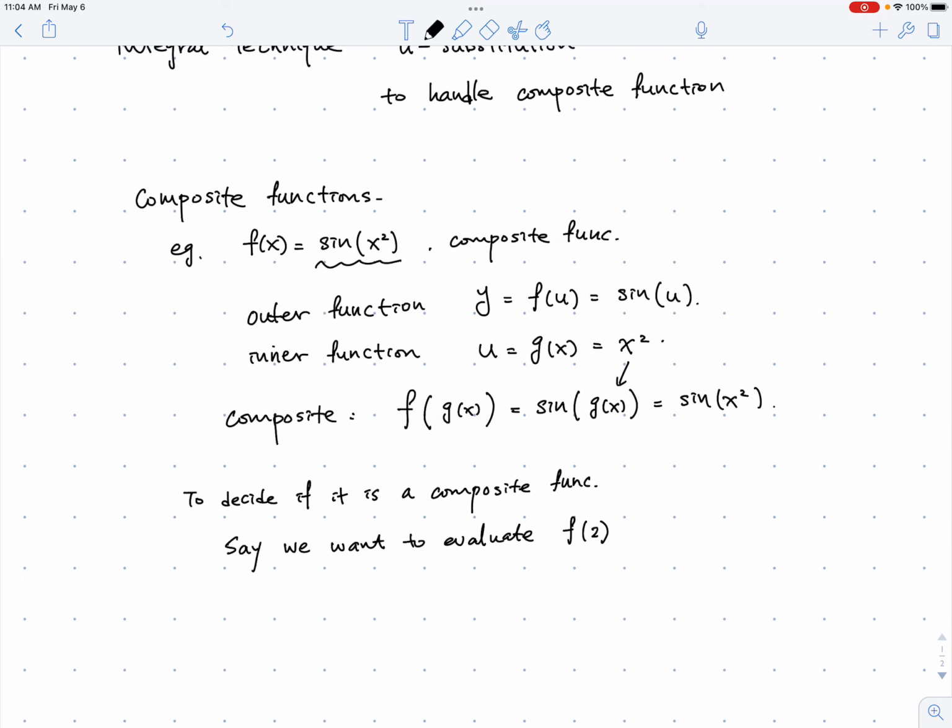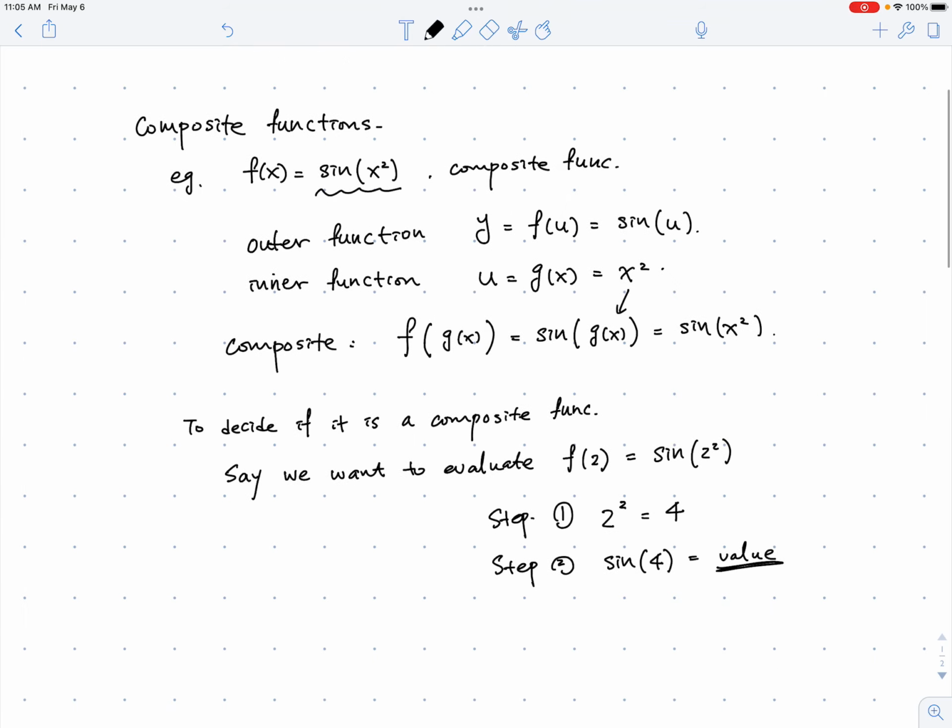So this is sine of 2 squared. For you to do such an evaluation, suppose you use a calculator, what are the steps? You first do 2 squared, which is equal to 4. This is your step 1. And then step 2: you use the 4 that you just found and plug it into the sine function, and then you get a value.